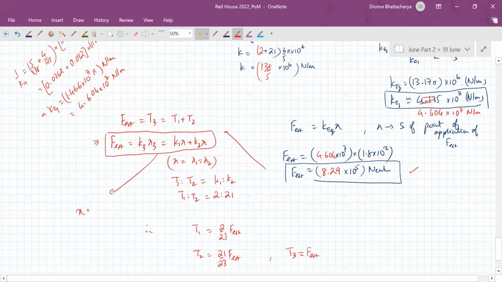Okay. And that x, which is x1 equal to x2, that will be the displacement of the junction. Because actually that x plus x3 is the total displacement, which is 1.8 centimeters.